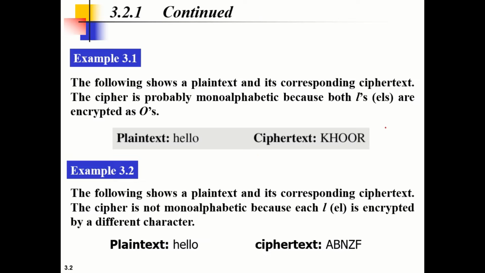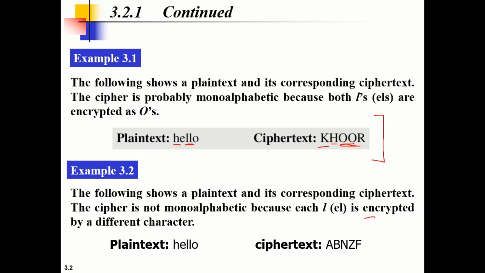We discussed one example also for this. In this particular example, you can see that H is being replaced by K, E is being replaced by H, and here you see that there are two L's, both of them being replaced by O. So we can say that this kind of encryption is monoalphabetic because the mapping is one to one, right?